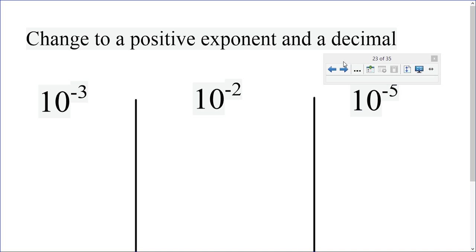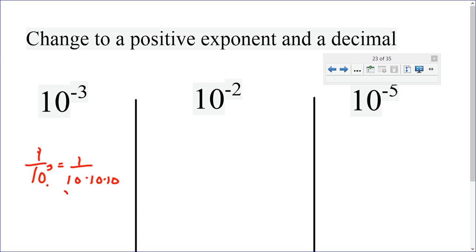Here's something I wanted to mention about changing negative exponents to a positive exponent and to a decimal. We have 10 to the negative 3rd power. So we want to change that to a decimal. We know 10 to the negative 3rd means 1 over 10 to the 3rd. And that means 1 over 10 times 10 times 10.